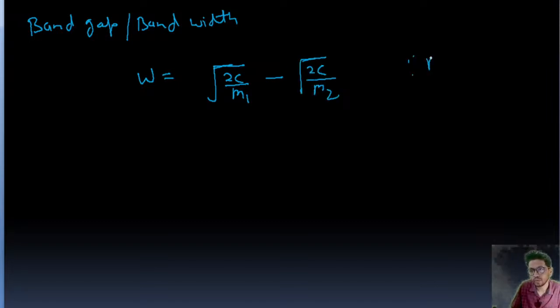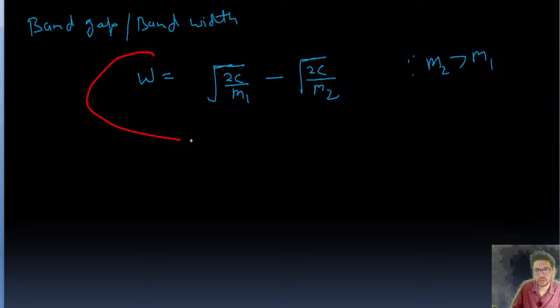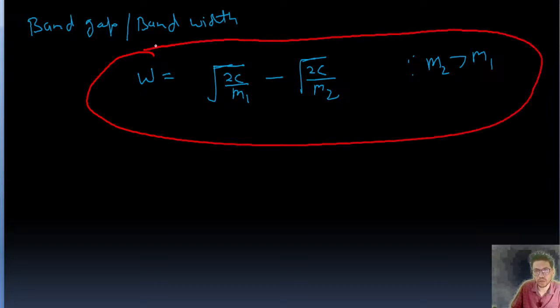And we know m2 is greater than m1. So this is an important formula, you need to note it down and memorize it. W equals root 2C upon m1 minus root 2C upon m2. This is the band gap or bandwidth.